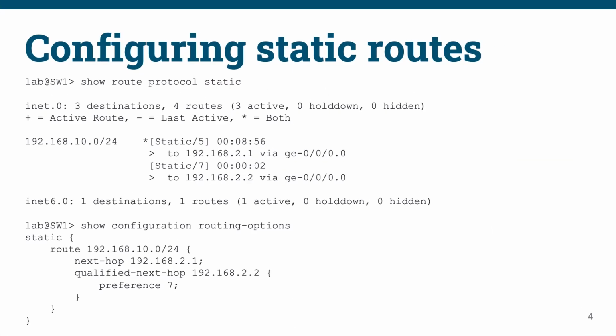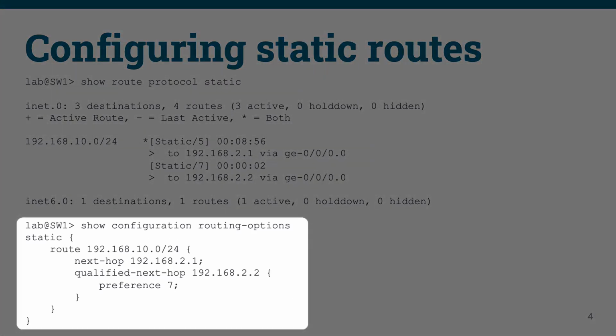At the bottom of the slide, we have our static route configuration. This configuration is done in the edit routing-options static configuration hierarchy. In our configuration snippet, we have a route configured for the destination prefix of 192.168.10.0/24.